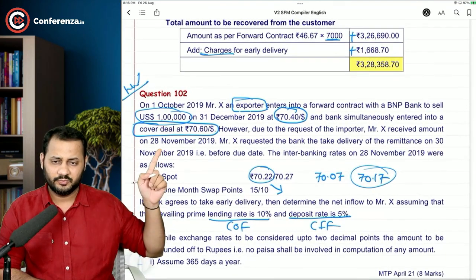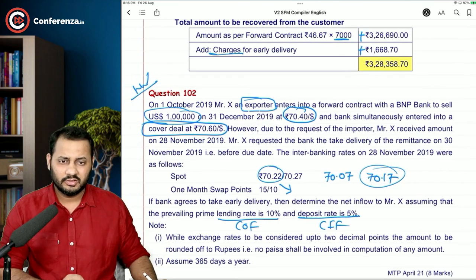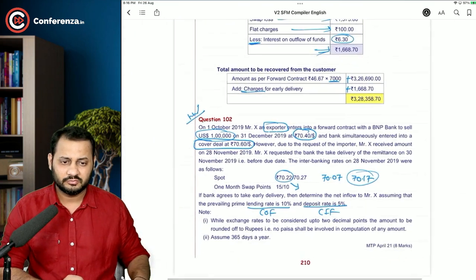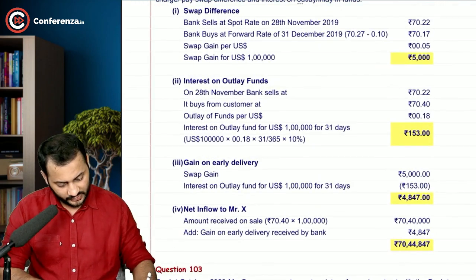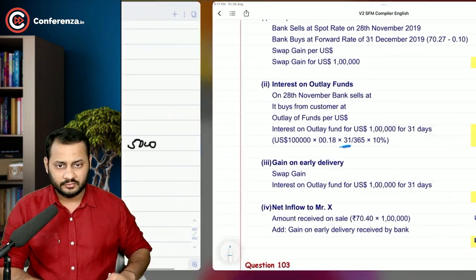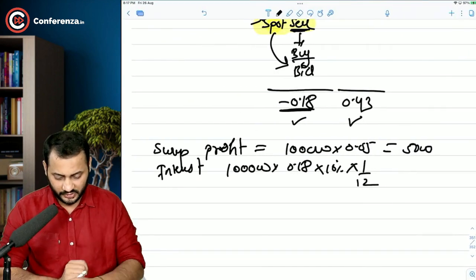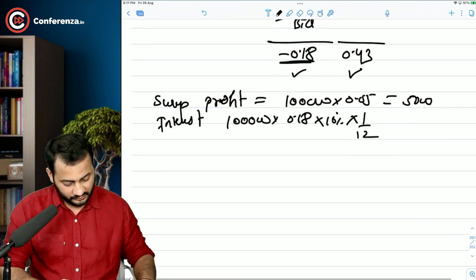Okay, so from 28th November, I think they should take 1 month itself, not 32, 33 days. Let's find out. Yeah, 31 days. Cool. I was like, they will consider 29 and 30 as well, like 33 days.